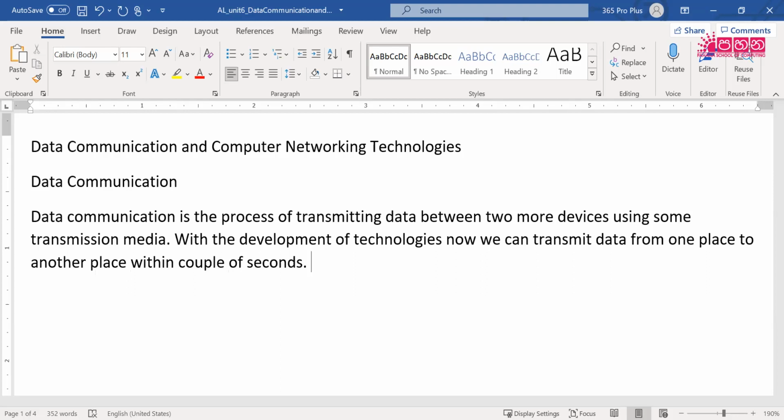So what we are going to discuss is basically technologies used in communication networks and what are the theories that we are going to discuss under this. Communication model. Let's look at the components.